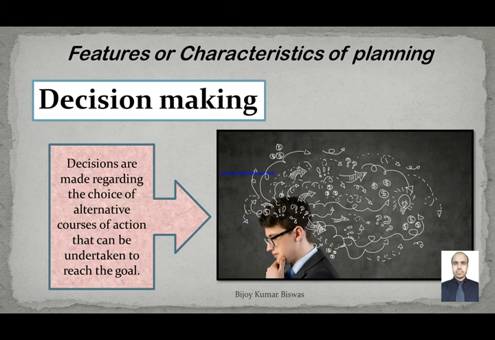If any decision is not correct, then the planning will be obstructed by some situation, if there is no appropriate or correct decision made. So decisions are made regarding the choice of alternative courses of action that can be undertaken to reach the goal. So decision making is a very important feature of planning.